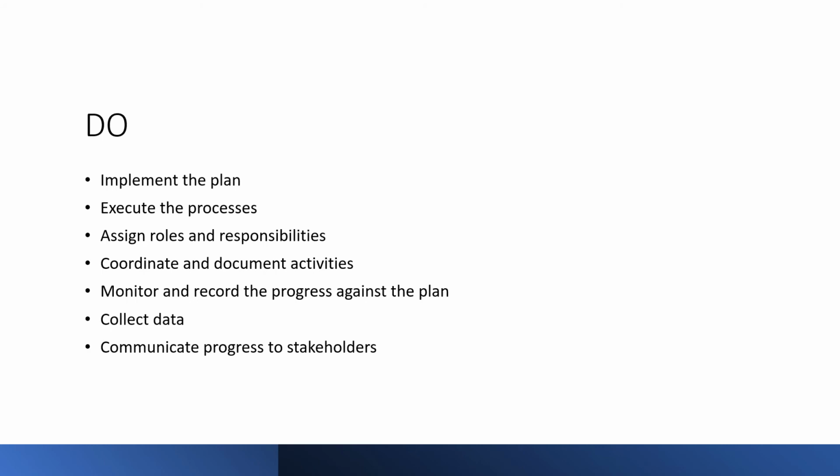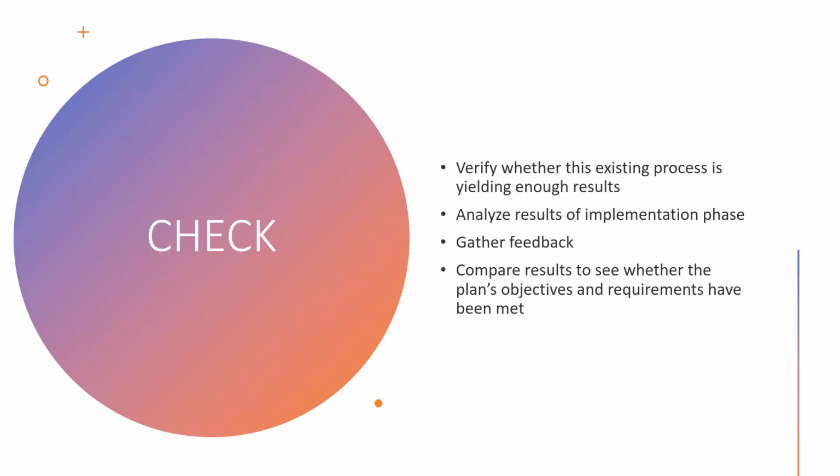So the next phase is check, verify whether these existing processes are yielding enough results or not. Then we need to analyze the results of the implementation phase or the do phase. Okay. Analyze the results of the do phase means we have captured a few things which are an outcome of the implementation or do activity.